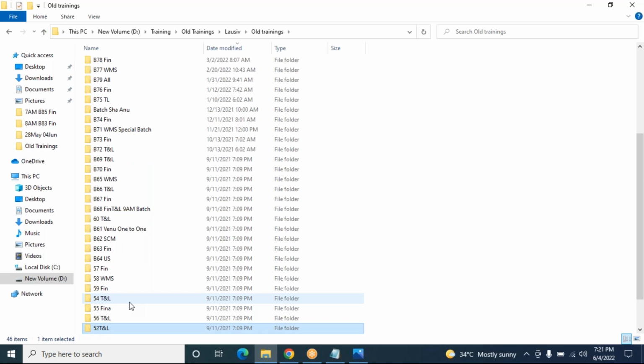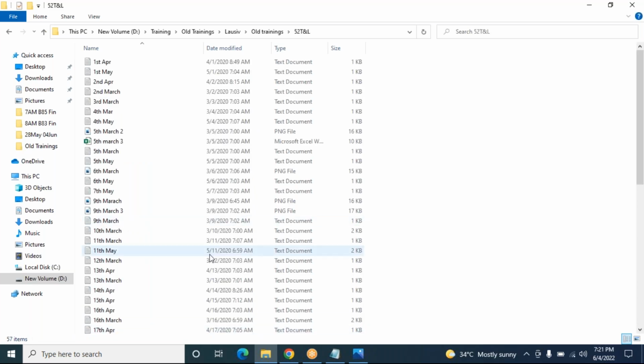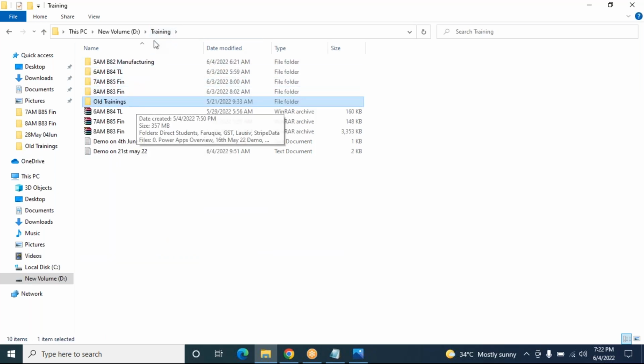Initially I had not maintained clear files with details, but for the last 3 years I'm maintaining these notepads and everything.